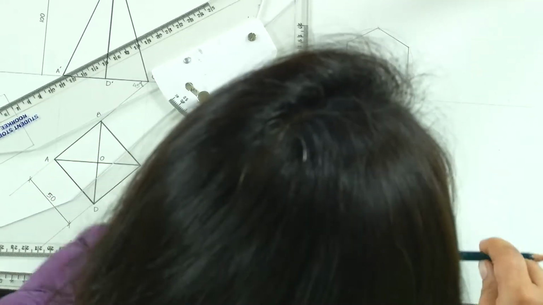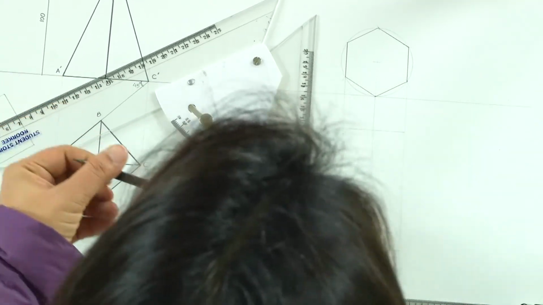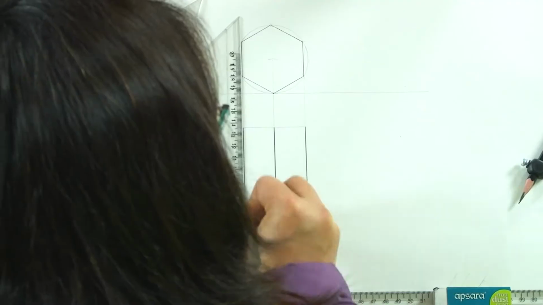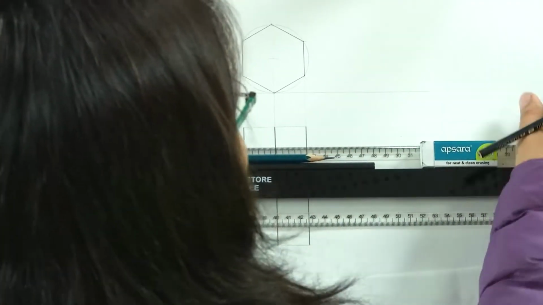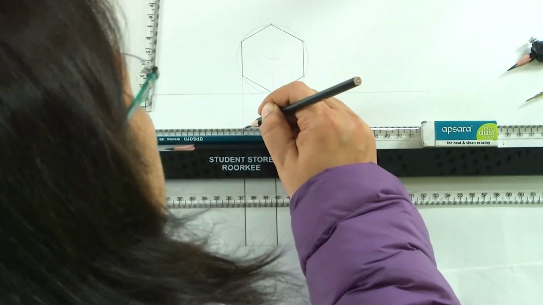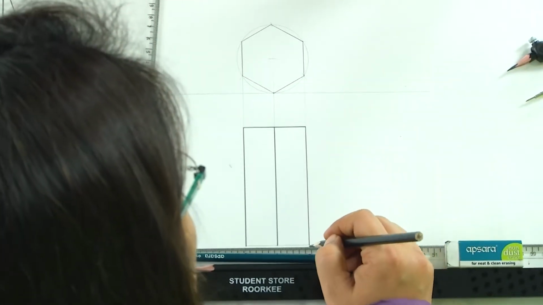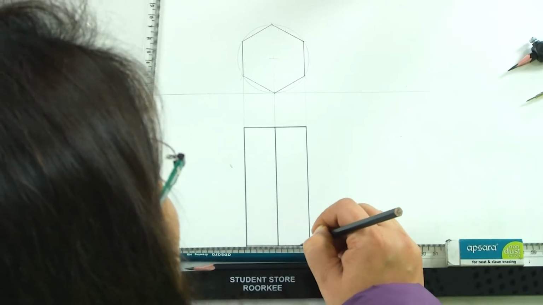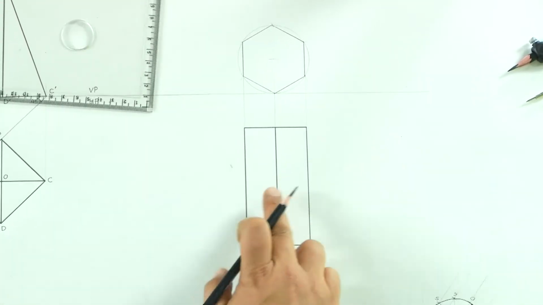Okay. So, the final shape will look something like what we see. Each of its faces, as I had explained in the previous lecture, is a rectangular face. So, what we see in the projections is also rectangular faces.